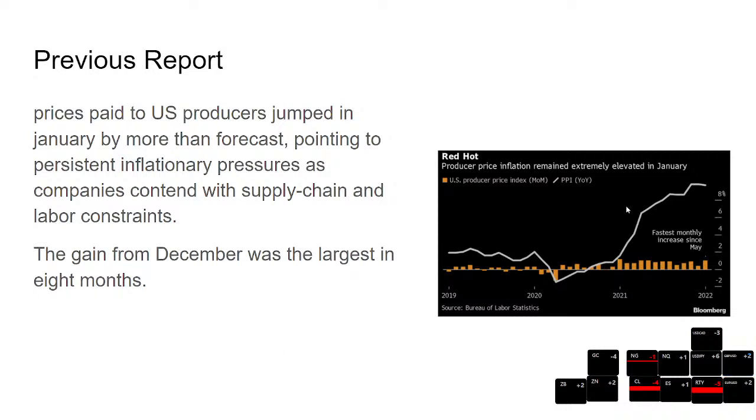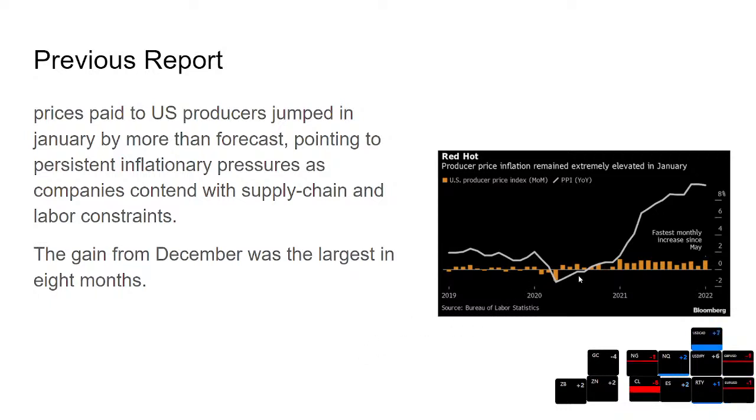So just showing here from the Bureau of Labor Statistics, we can see that producer price inflation remained extremely elevated in January. So this month we'll be getting the February report for the producer price index. But as we can see here from 2020, producer prices had dropped off when there weren't a lot of producers making goods, and then we had a huge drop off.